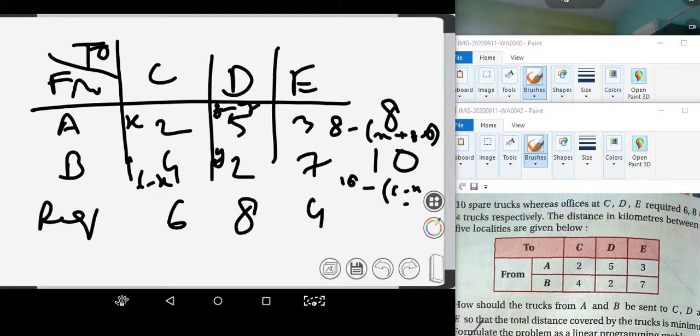Let me write it again in a bigger format.